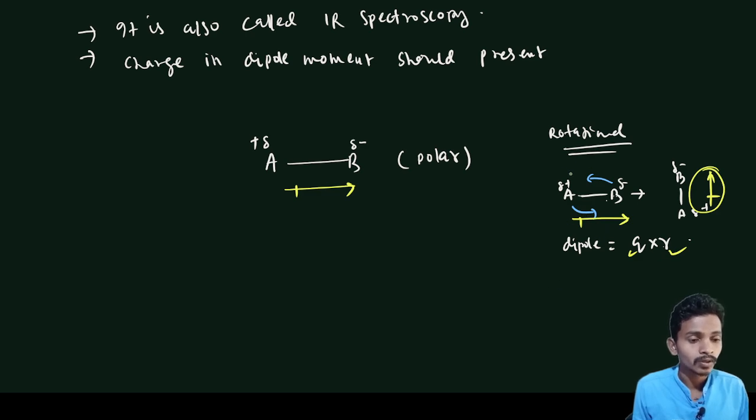So for rotational spectroscopy, because dipole moment is a vector quantity, if either magnitude or direction changes, then the dipole moment will change. Here the magnitude, Q and R, remains constant, but the direction is changing because it is rotating. So since direction is changing, the dipole moment will change.